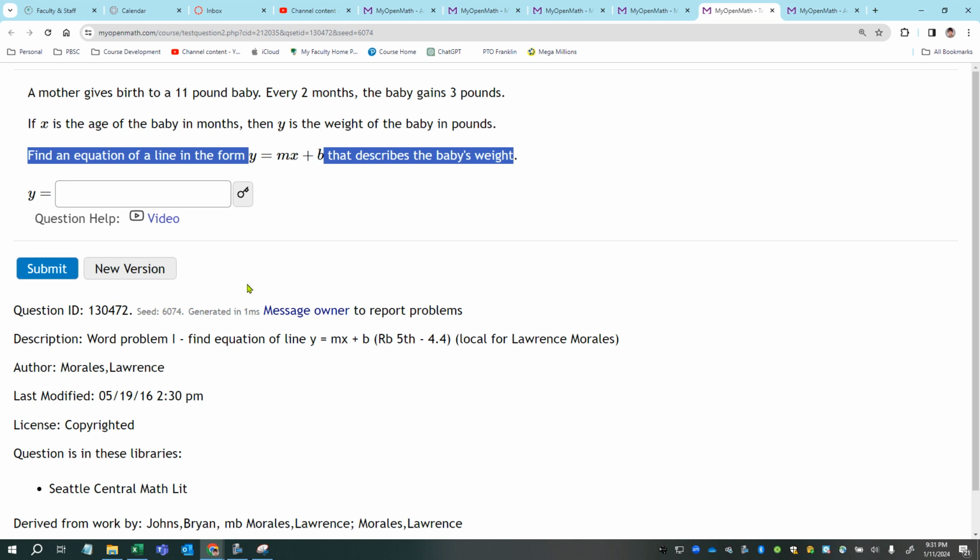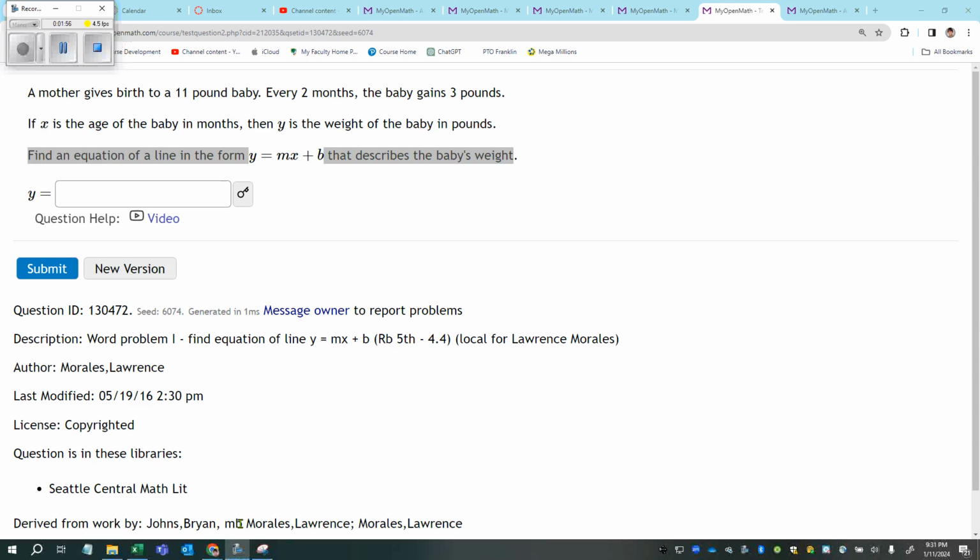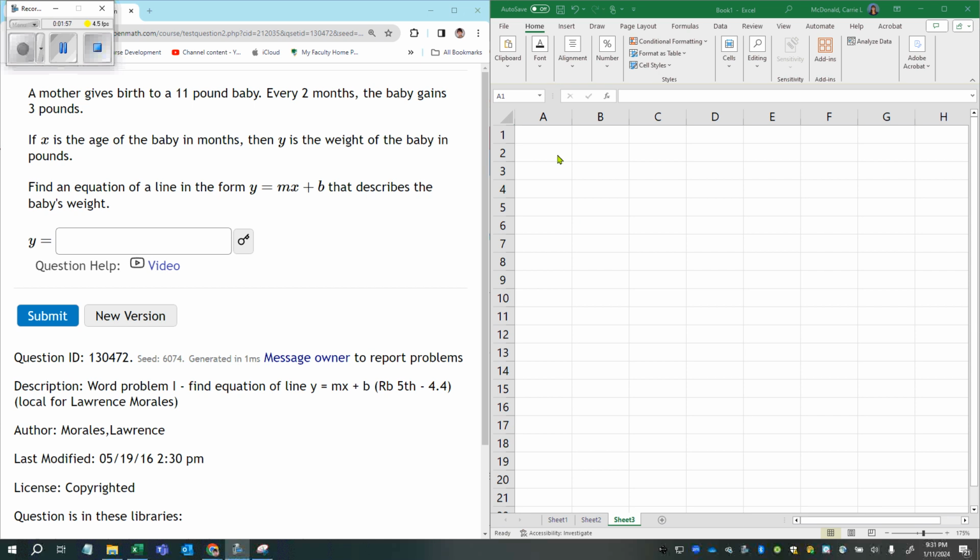Okay, so keeping that in mind, let's use the information that was given here. We've got x's and y's that we can make ordered pairs with. X is the age of the baby in months, and Y is the weight of the baby in pounds.